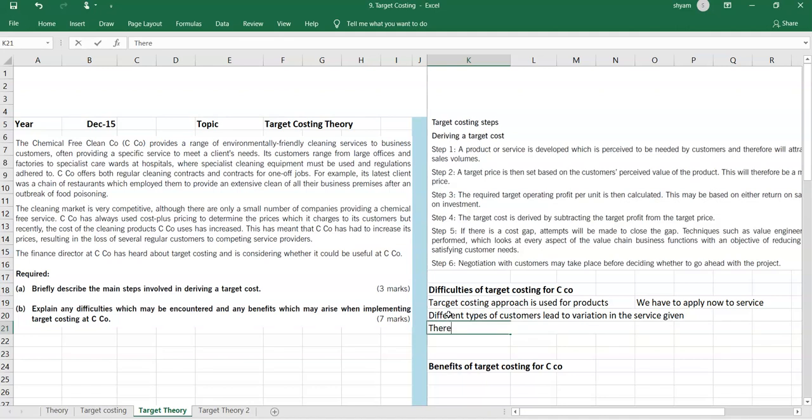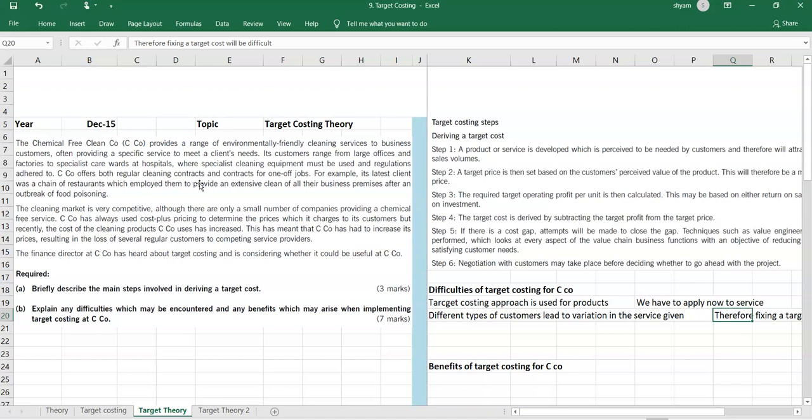Therefore, fixing a target cost will be difficult here. So that is going to be the second problem. Let's move on.